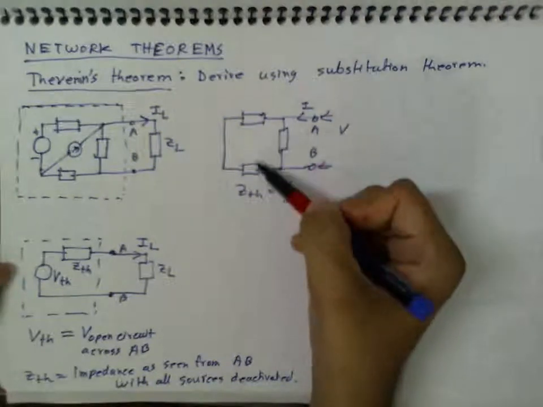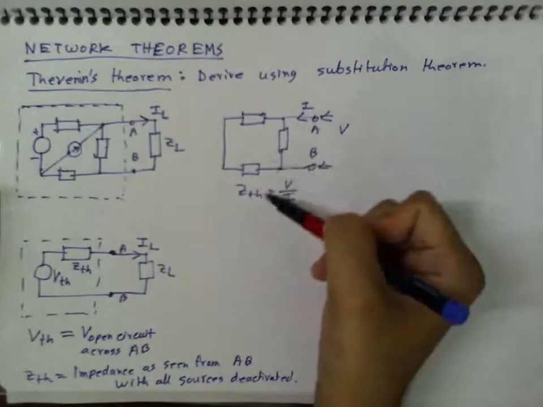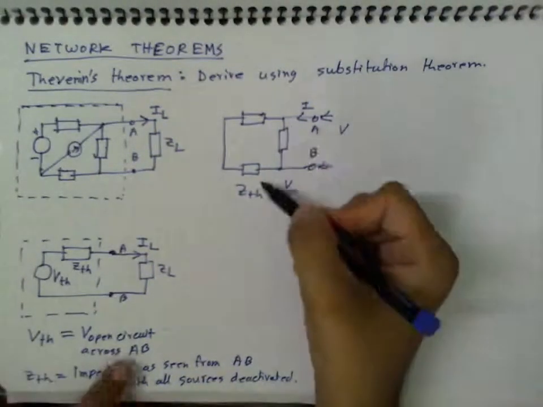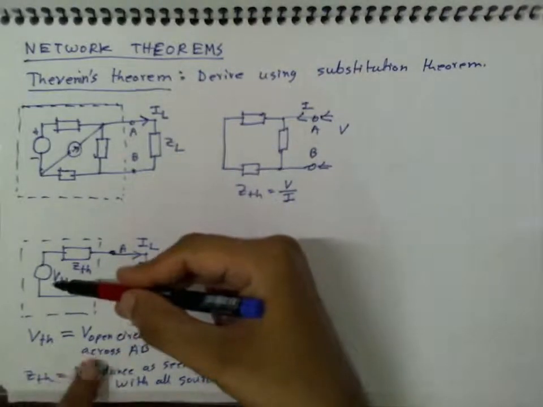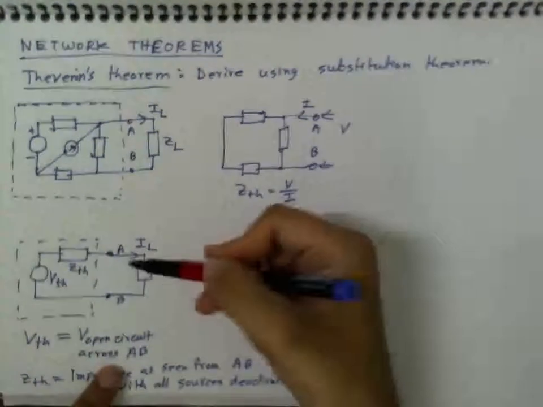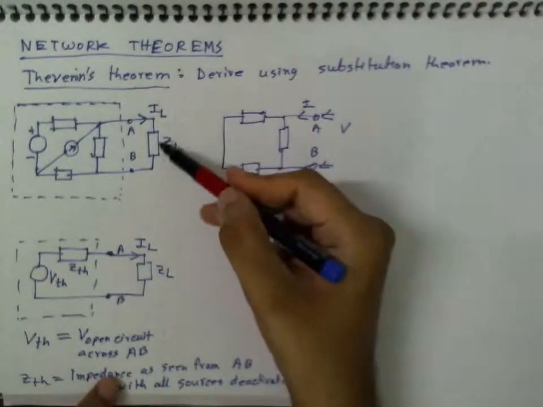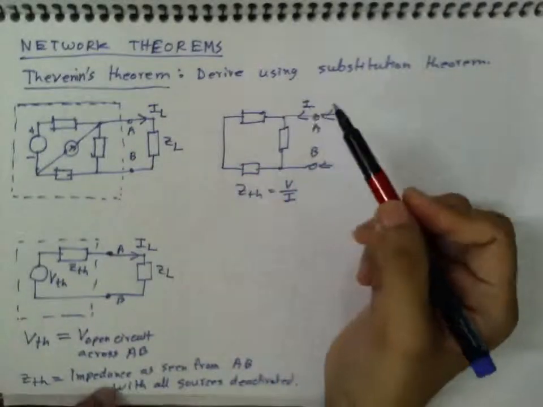That means these two in series and this one in parallel, simplified, will be ZTH. If I use that ZTH and VTH, the open circuit voltage, then these two circuits are equivalent in the sense that if I connect the same ZL outside, I'll get the same IL. That's Thevenin's theorem.